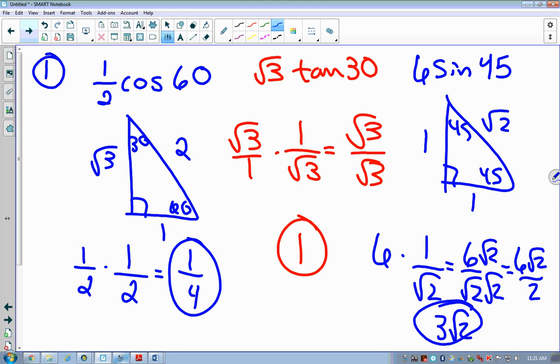I'm not going to leave it as 6 over radical 2, and I'm not going to leave it as 6 radical 2 over 2 because it's unreduced. You need to reduce it whenever you can. If you miss one of them, you get half off. You miss 2 of them, it's all wrong.